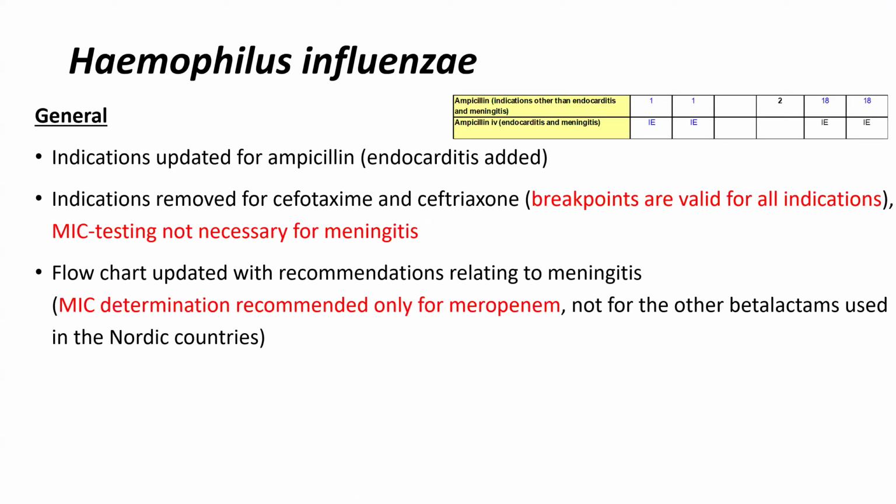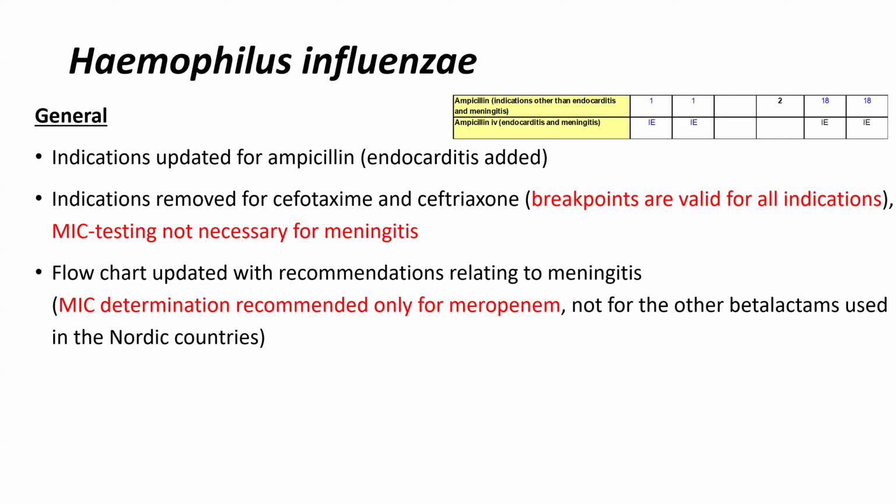But one thing that's new is that you no longer need to MIC test for cefotaxime or ceftriaxone for meningitis. So now the breakpoints are the same. They always were. So we just have breakpoints that are valid for all indications and also method.